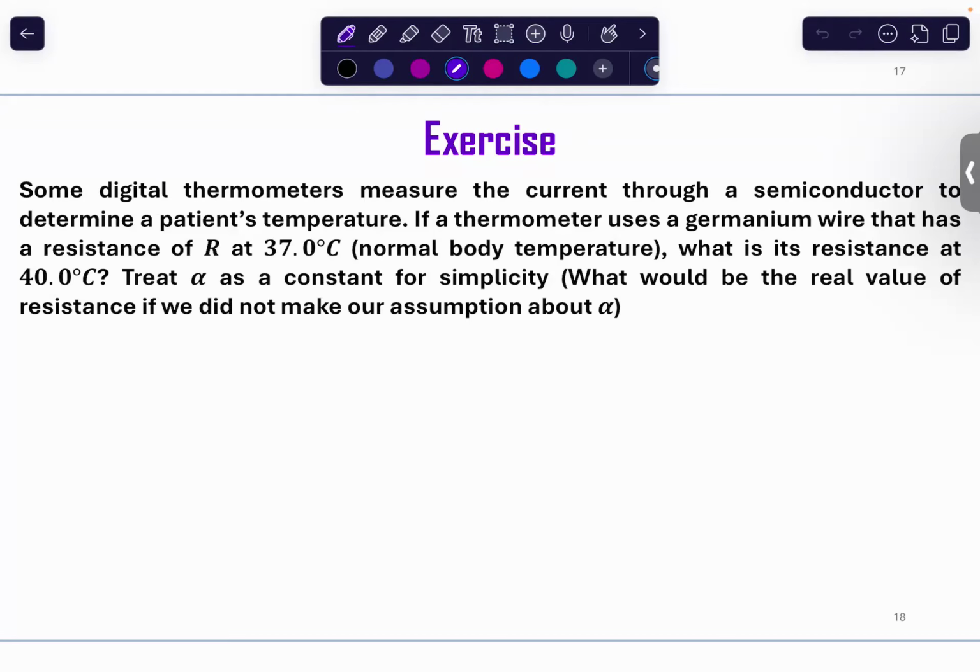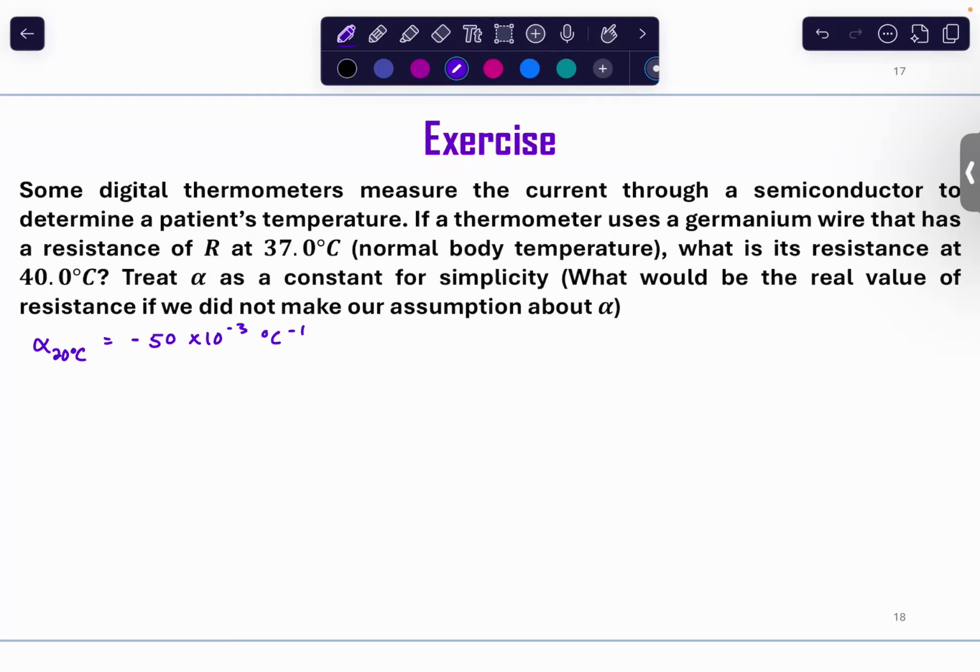Okay, and we know that on that table, the alpha for 20 degrees C. Can anyone tell me just by looking at the alpha what kind of material germanium is?